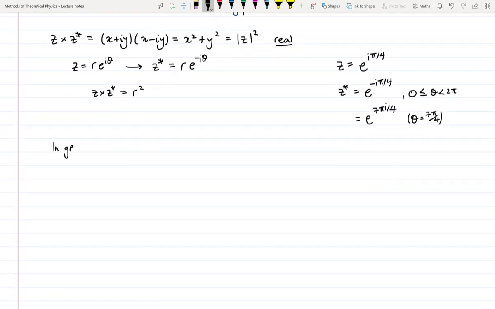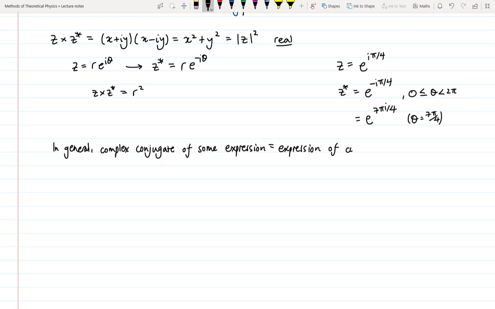In general, the complex conjugate of some expression is the same as that expression applied to the complex conjugates.